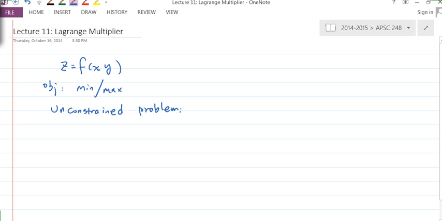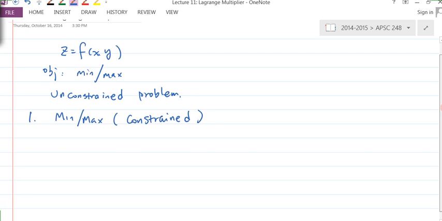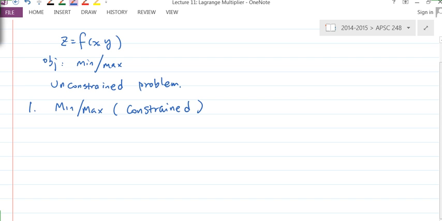So today we'll tackle the so-called constrained problem, and to tackle that problem, we're going to use an approach called the Lagrange multiplier. We're still looking for the min or max, but we'll be looking at the so-called constrained case. I'll talk about what exactly a constraint is and its meaning here.